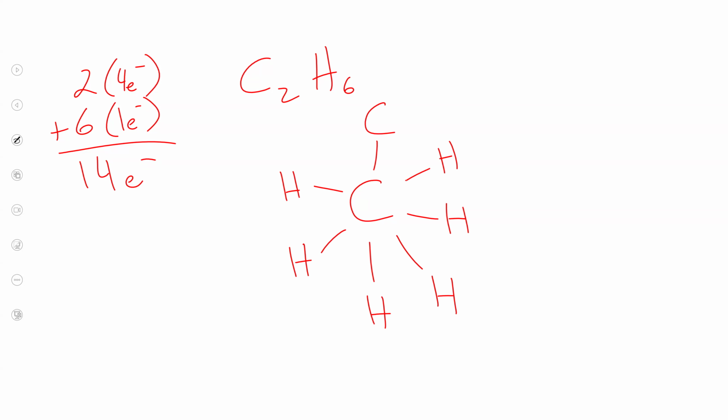Carbon needs to get to a total of 8 electrons, right? In the second energy level, you cannot go past 8 electrons. That's not just a general rule, it cannot have more than 8 electrons around anything in the second row. So if we have 14 electrons in a total of 8 atoms, we're going to have to rearrange this. I'm just going to erase the whole thing.